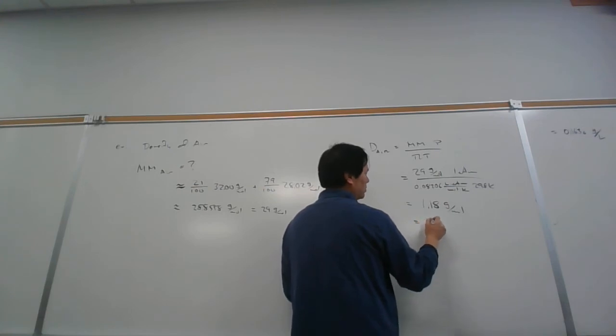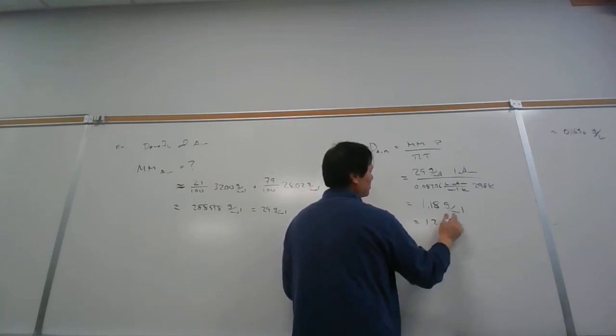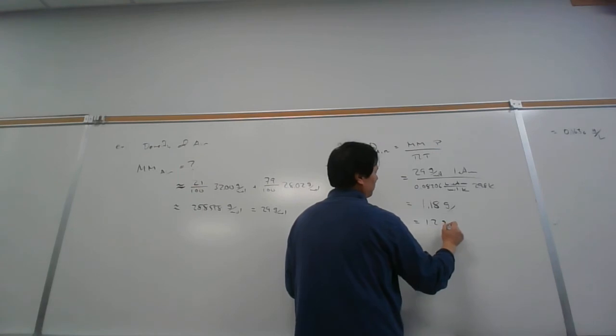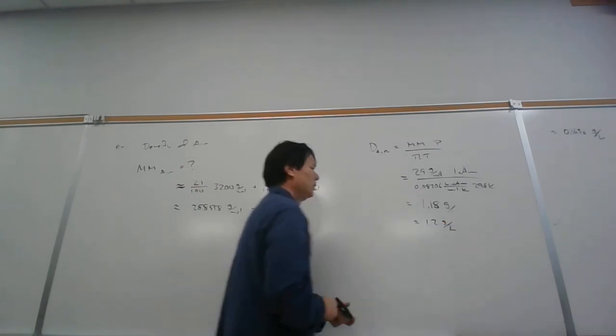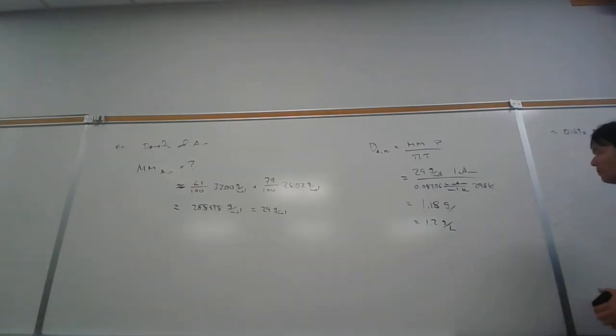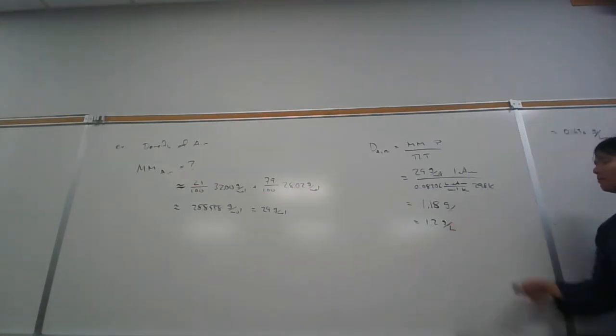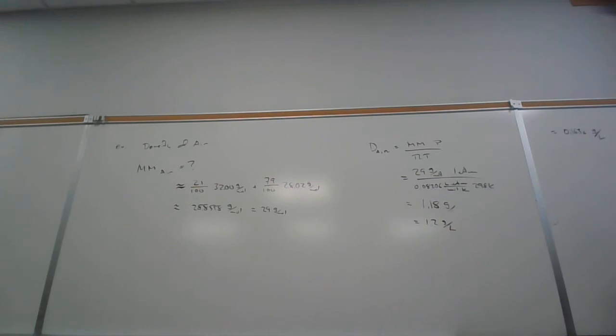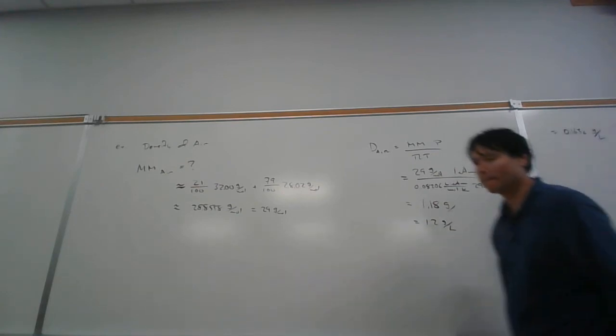Or about 1.2 grams per liter. So water is approximately 1 gram per milliliter. Air is about 1 gram per liter, 1.2 more precisely. Whereas helium is quite a bit less dense, at 0.163 or 0.2.